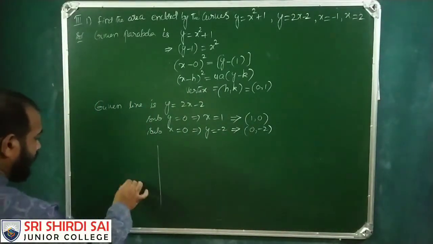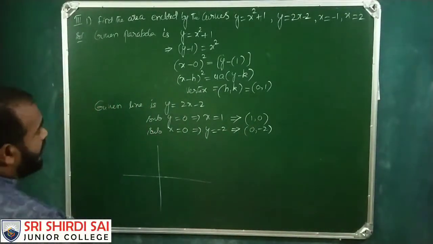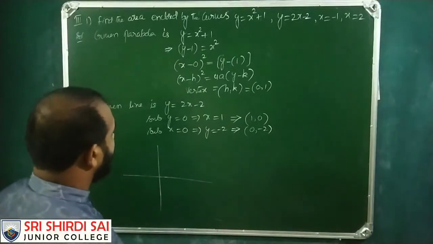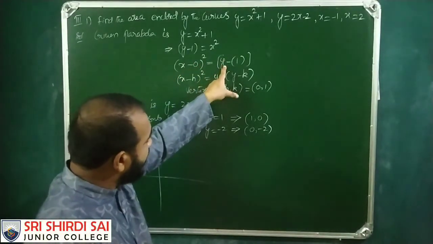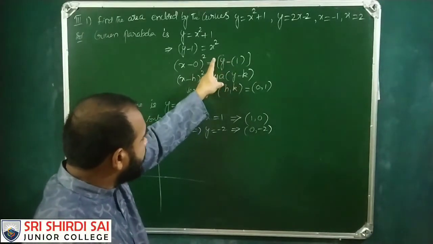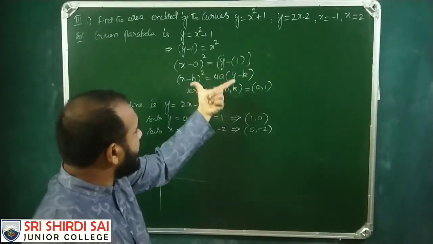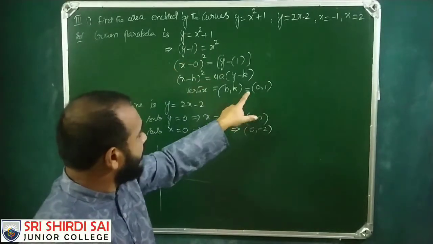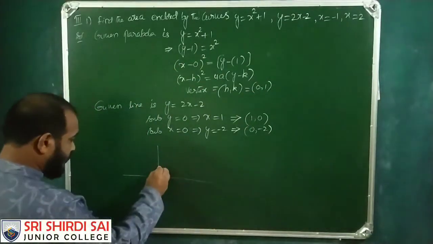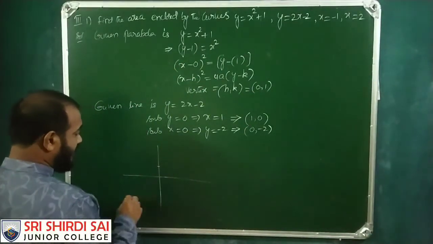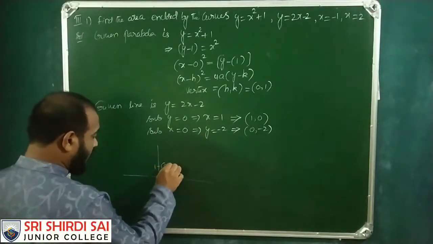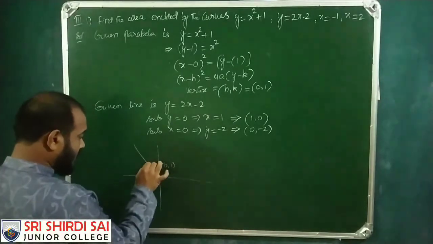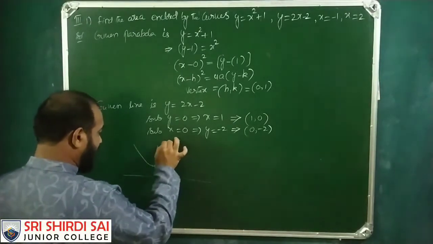See, this is y equals x square plus 1, x power even, symmetric about the y axis, and y has a positive sign here. So it is an upward parabola whose vertex is at 0 comma 1. So 0 comma 1 is somewhere here. This is 1. On the y axis x coordinate is 0. So this is the parabola.